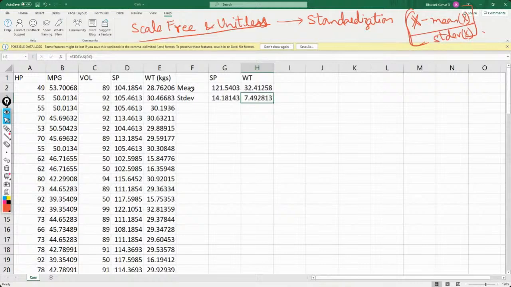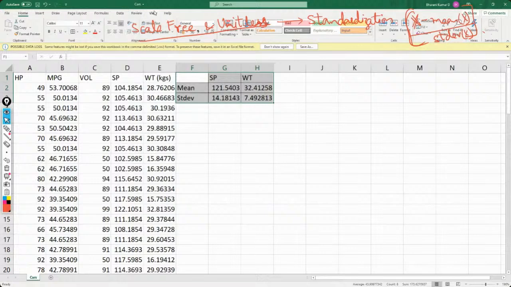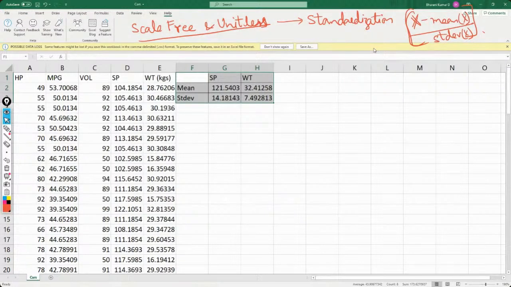Why did we calculate mean and standard deviation? We calculated them because I need to apply this formula: X minus mean by standard deviation. So if you want top speed, you just say X, which is here, minus mean of top speed divided by standard deviation of top speed.